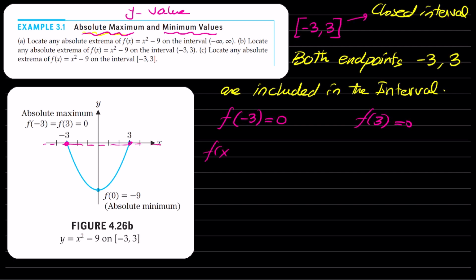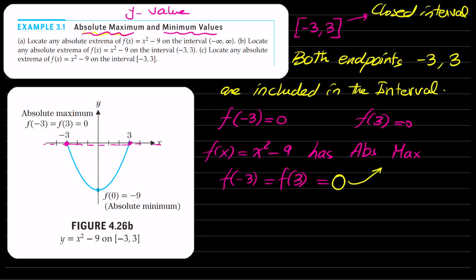So f of x, which is x squared minus 9, has an absolute maximum at two points, f of -3 and f of 3, and the absolute maximum is 0. This is the absolute maximum in the closed interval -3 to 3, which is very important here.